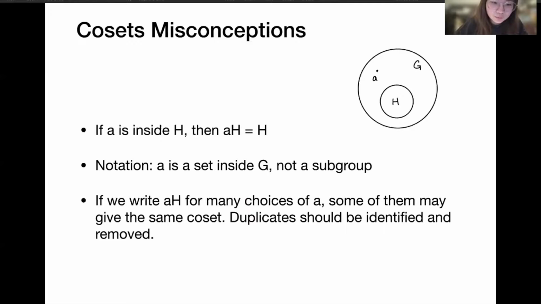Also, if we write the left cosets of many choices of A as AH, some of them may give the same coset, so the duplicates should be identified and then removed.